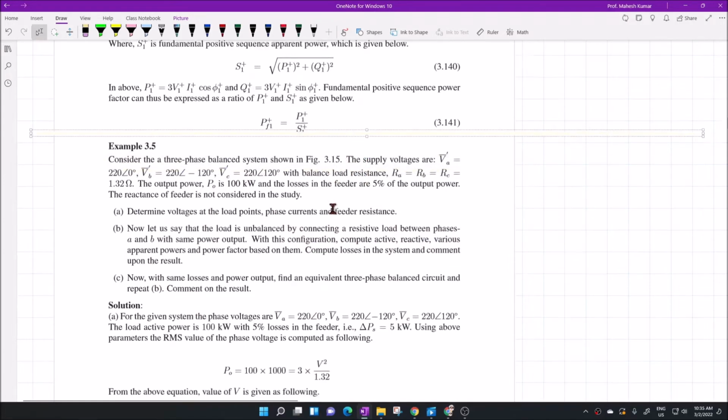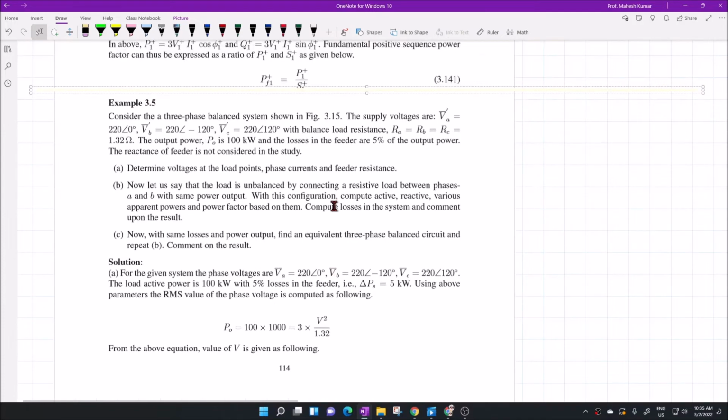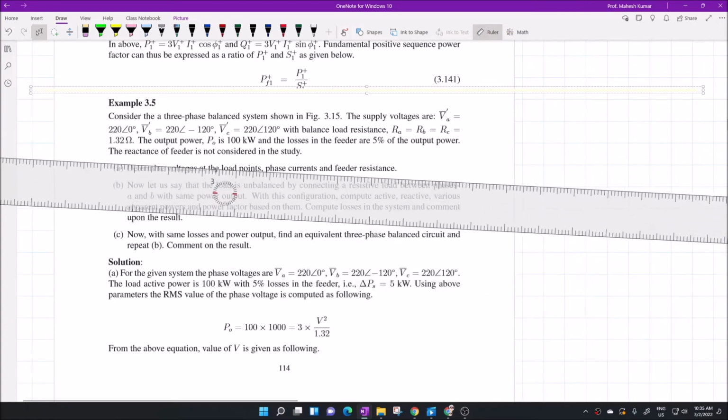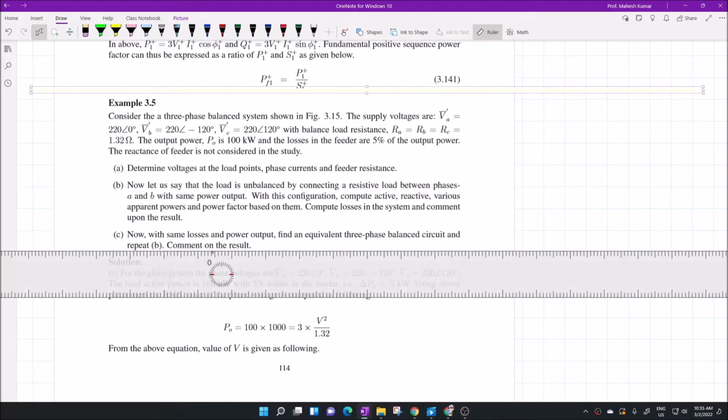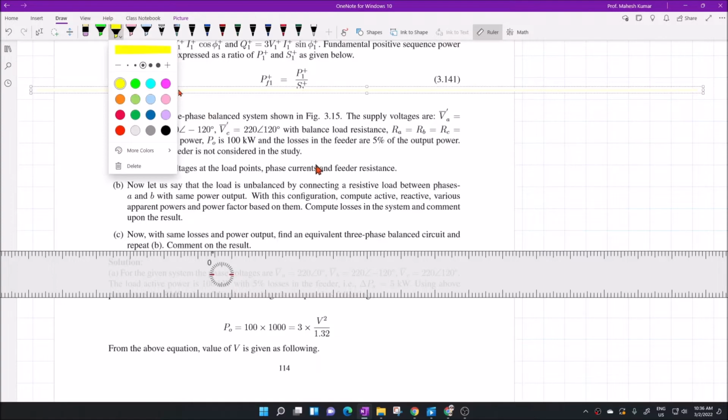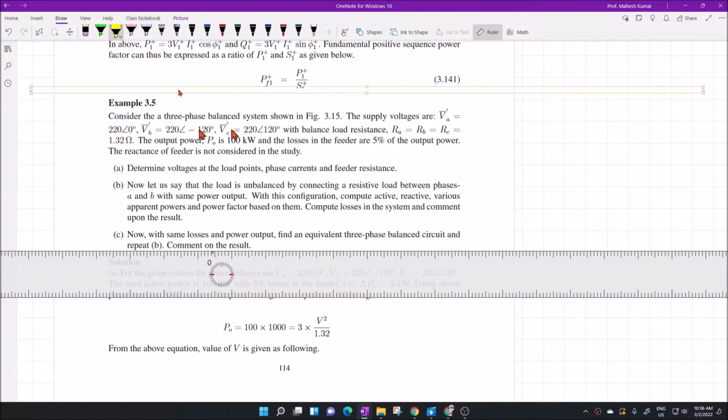3.5, where we have considered a three-phase system with a voltage of 220 volt at points A dash, B dash and C dash. So actually we have considered a distribution system with 220 volt, and it is supplying first a balanced three-phase star connected load.